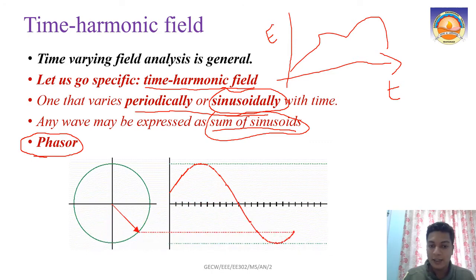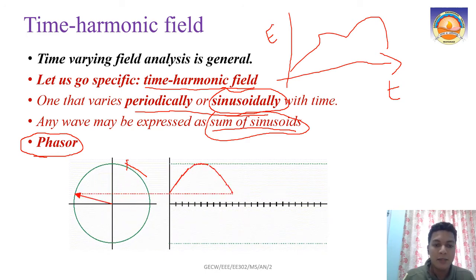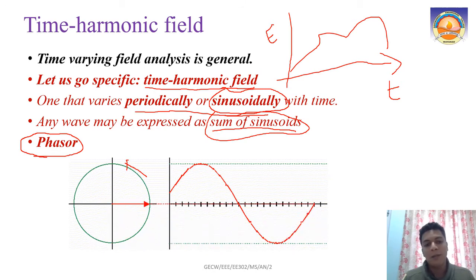If you have a sinusoidal wave, that can be seen as a rod rotating in a circle. Whatever the length of this rod, that we take as the magnitude of that phasor, right? You know about this theory.